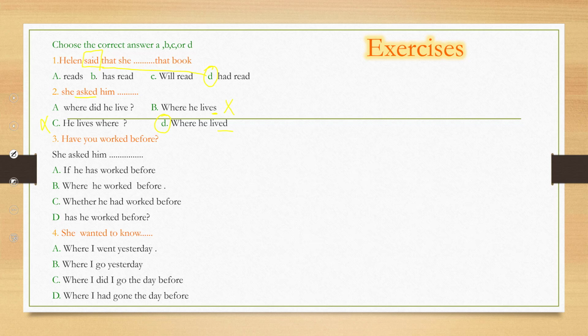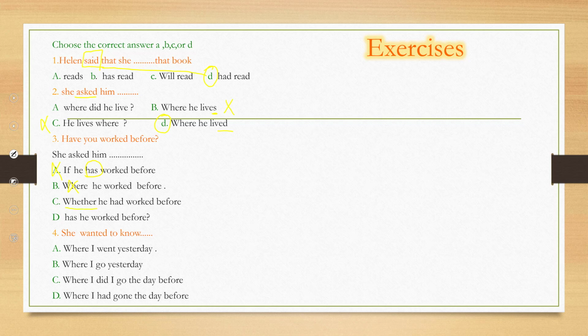Have you worked before? She asked him. Here we have a short question, so I should start with if. It's okay. He has. No, because we have has, it's not correct. Where he worked. I don't have where. Whether he had worked before. I should use whether or if.